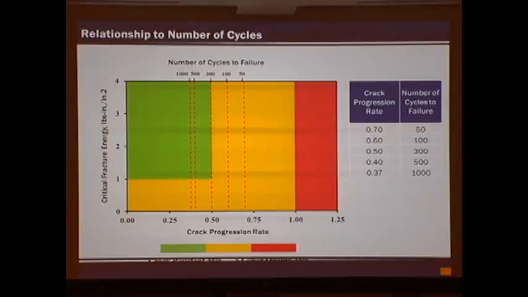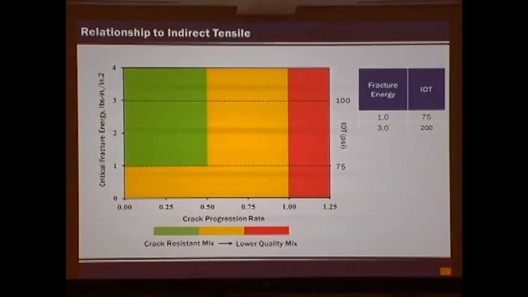So what about the fracture energy? We thought, well, it doesn't really relate to that. It didn't relate well to that peak load. It was something else going on that was defining that.